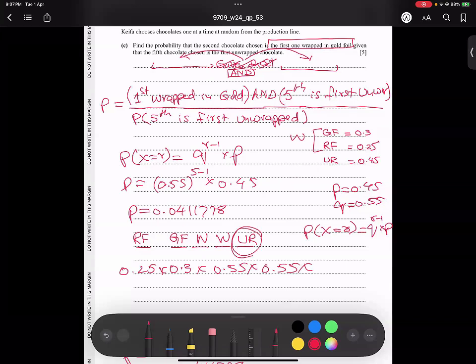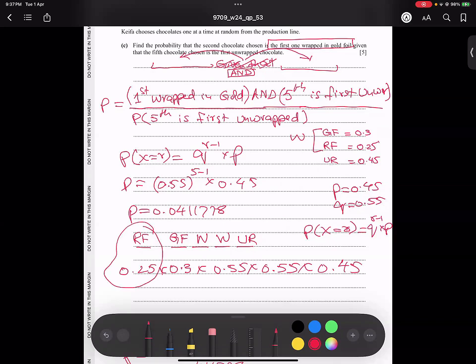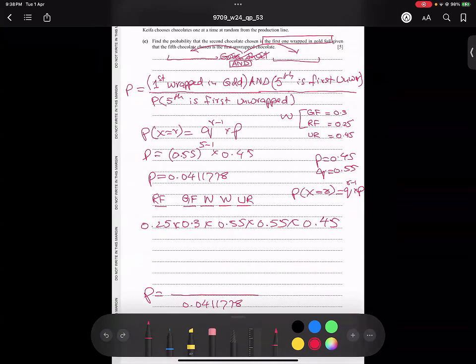But now we talk about unwrap, so we can talk about 0.45. I believe you got the point clear. So this one is the red, this is the gold, and now this is both together, and the last one is unwrap. And there's the question he talked about. So this is the answer.